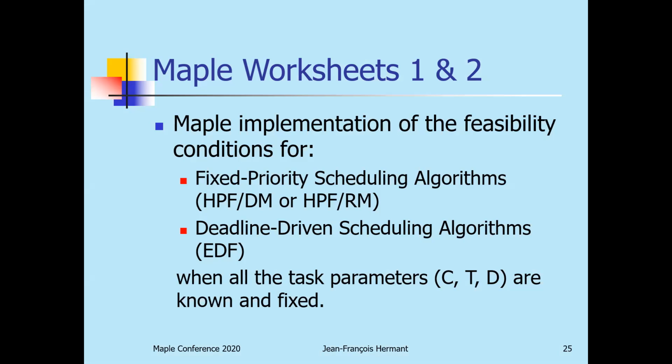The Maple implementation of the feasibility condition for fixed priority scheduling algorithms, HPF DM or HPF RM, and deadline-driven scheduling algorithm, EDF, when all the task parameters C, T, D are known and fixed, is given in Maple worksheets number 1 and number 2. The implementation is straightforward and provides an efficient dimensioning tool.